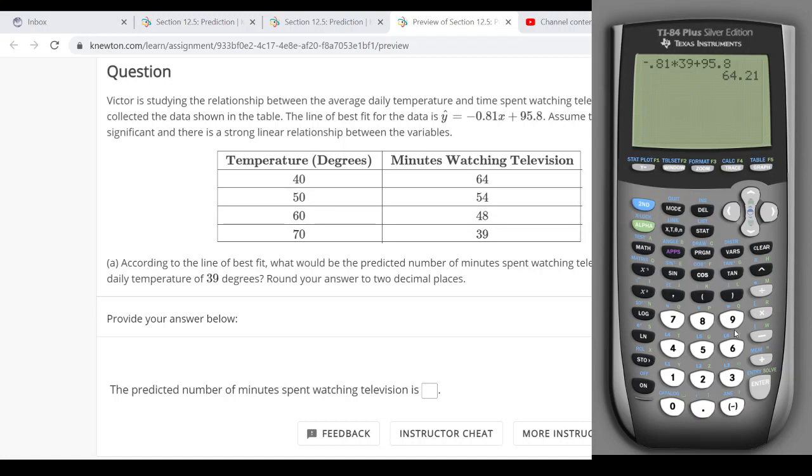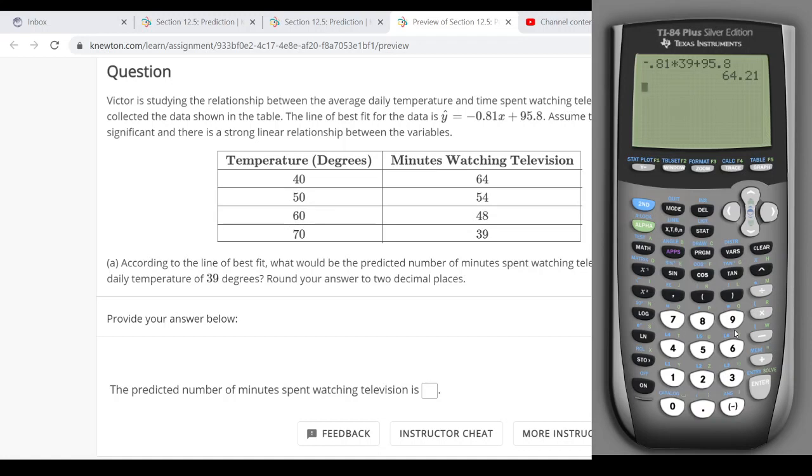So if the average daily temperature is 39 degrees, this predicts that the average person, or this person Victor, would watch on average on those days 64.2 minutes of television. Which doesn't sound unreasonable. He's watching 64 minutes on 40-degree temperature days.